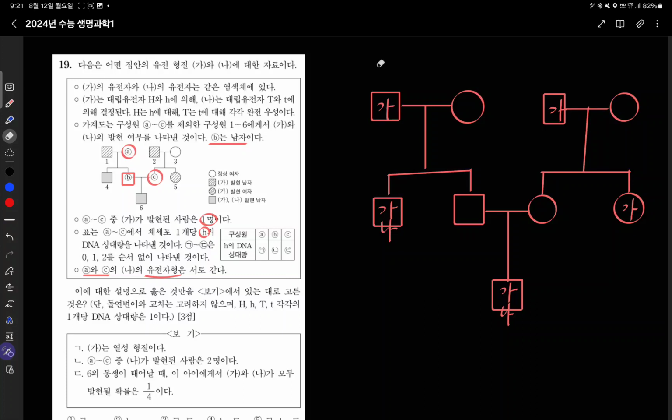That means the individual with the first trait has a lowercase h allele. And in the case of female, number 5, she is homozygous for lowercase h allele.